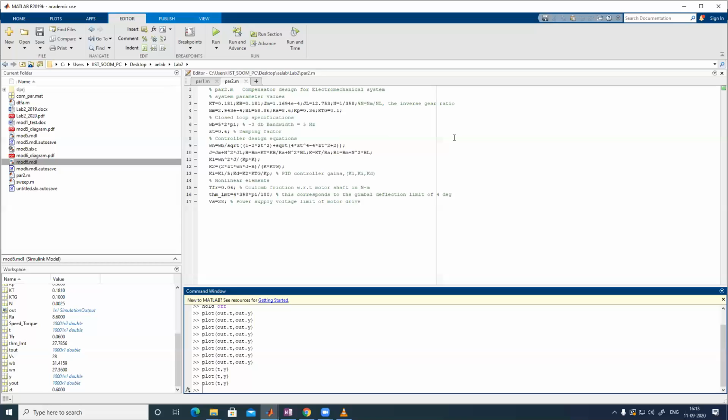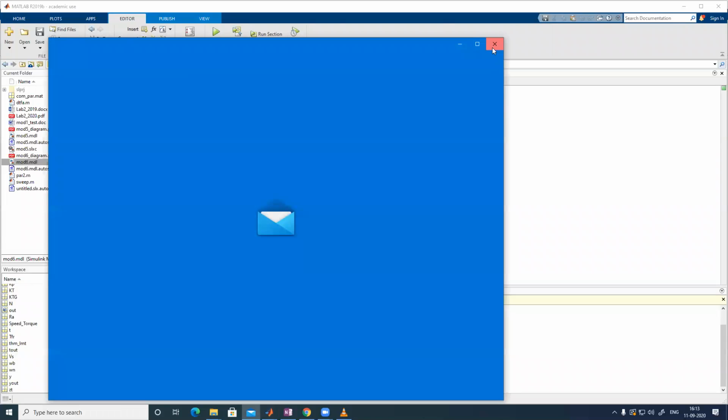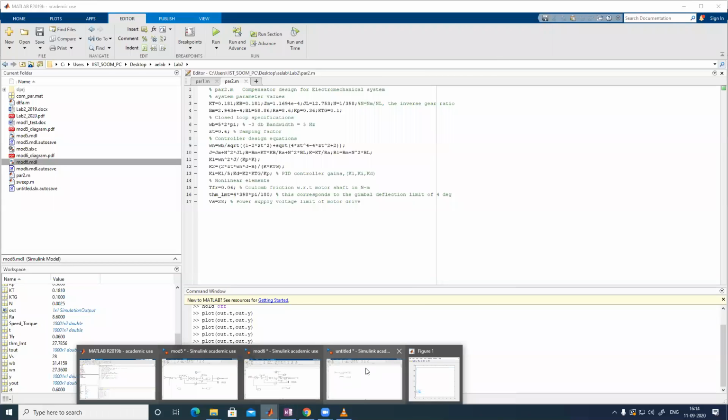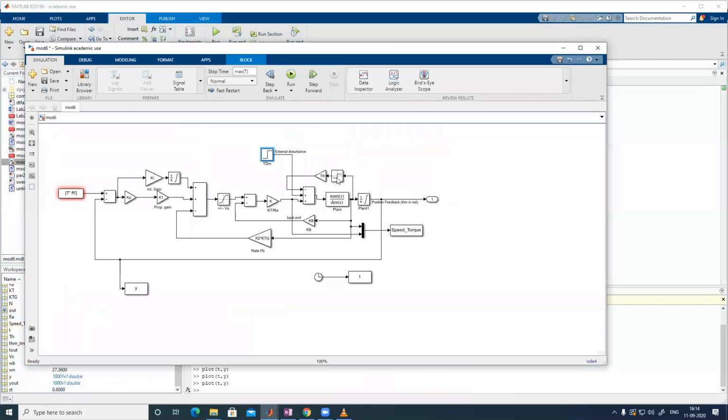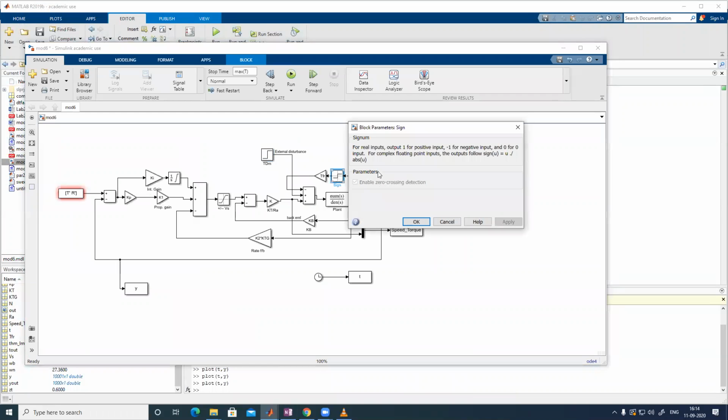Sir, in the sign block, do we have to disable zero crossing detection? Not the sine wave, the sign block from the math operations. That is only the signum function, the sign of the function.